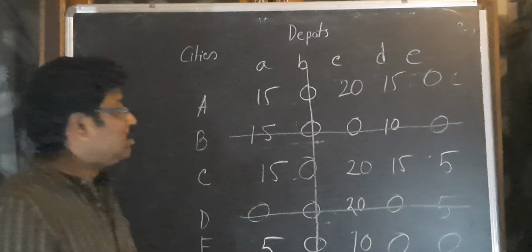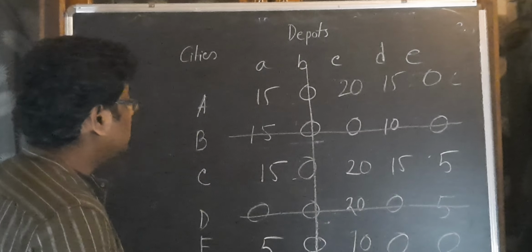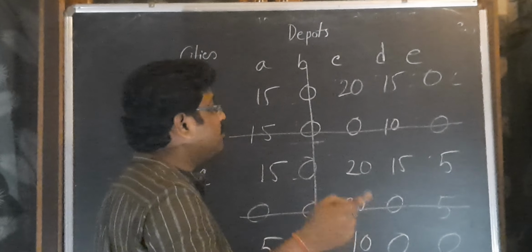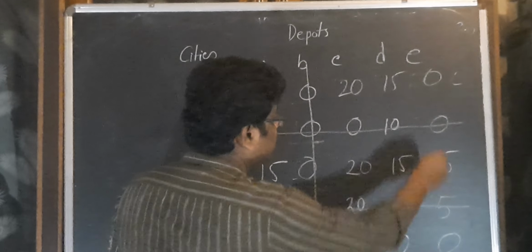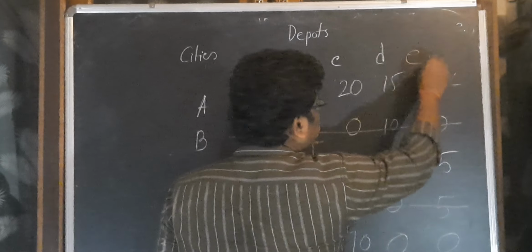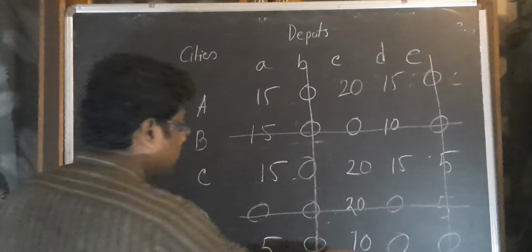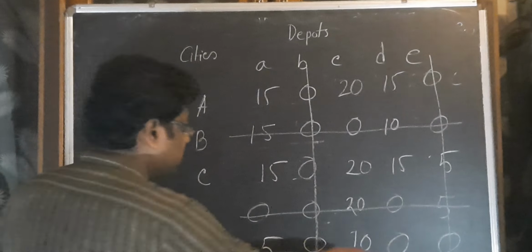So now we cover zeros with the minimum number of vertical or horizontal lines. Here are 2 zeros, so I draw a line here, and now there is another zero, and I draw another horizontal line here.